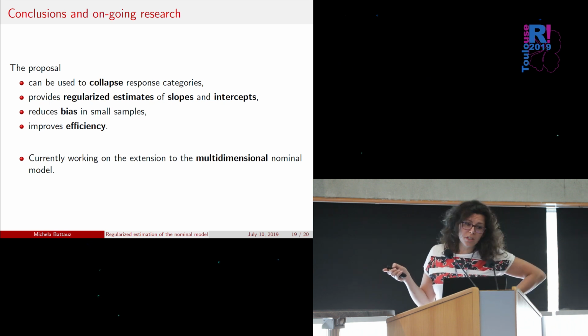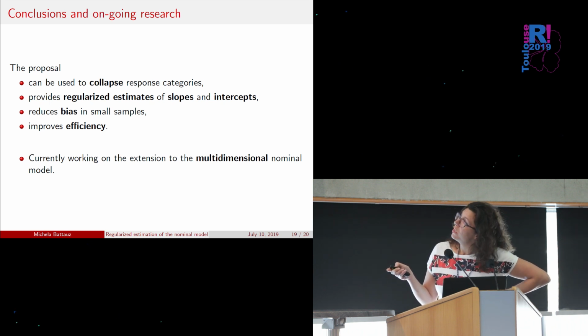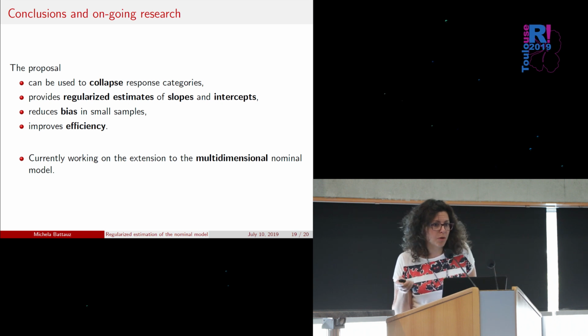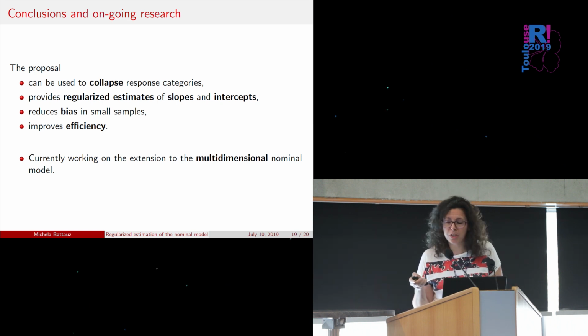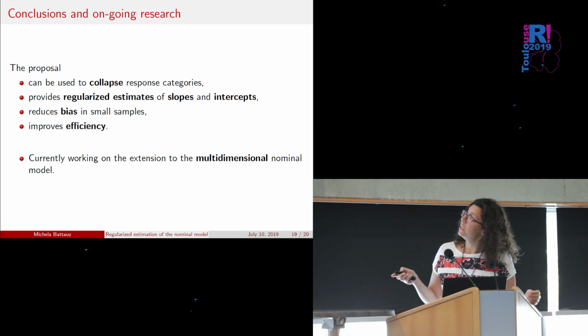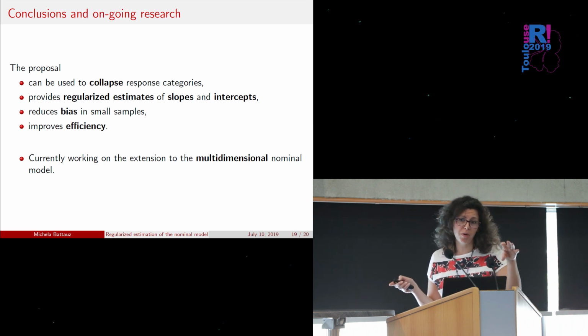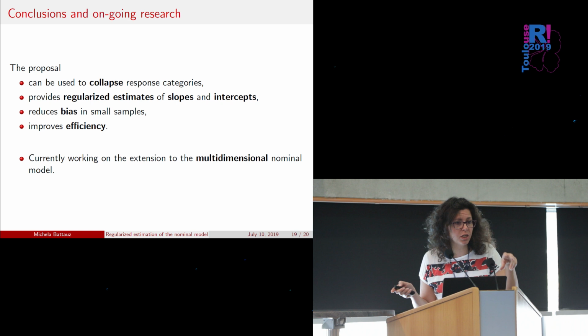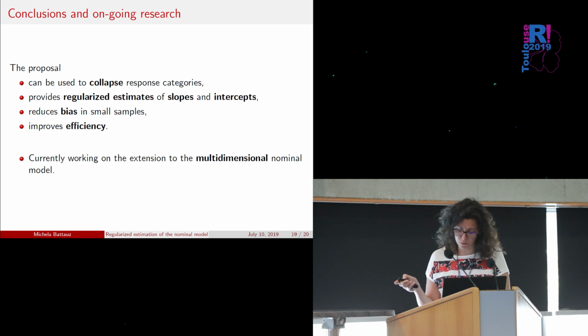So, concluding, the proposal is effective in collapsing the response categories, especially using the adaptive version of the penalty. It provides regularized estimates, not only of the slopes, even if the penalty involves only the slopes, but also the intercepts are regularized.